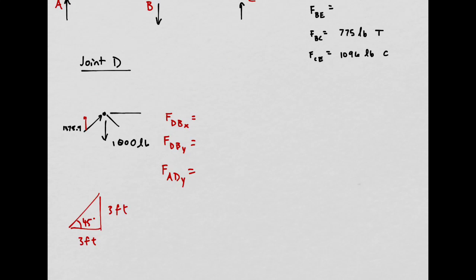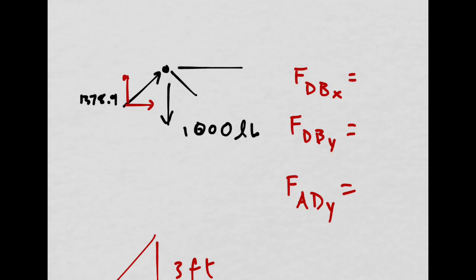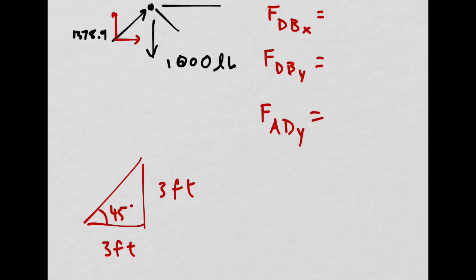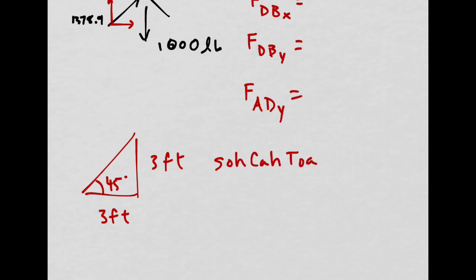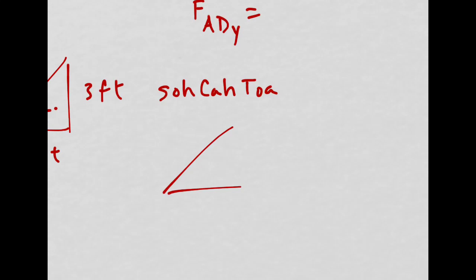And this was 3 feet, so this was 45 degrees. So now my x and y components are going to be the same, but I can use SOHCAHTOA to find my x and y components here. So that's what I'm going to do. I'm finding the y, so I have 1,378.9 pounds of force. This is 45 degrees, and I'm looking for F_AD,y.